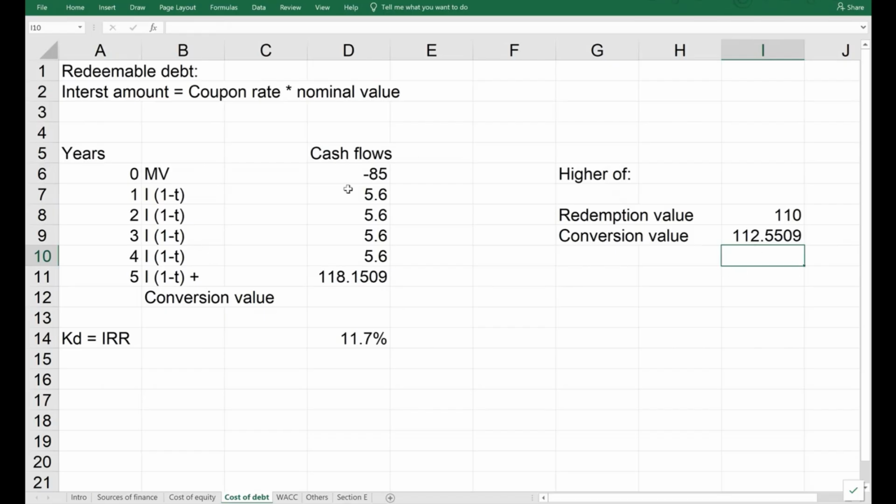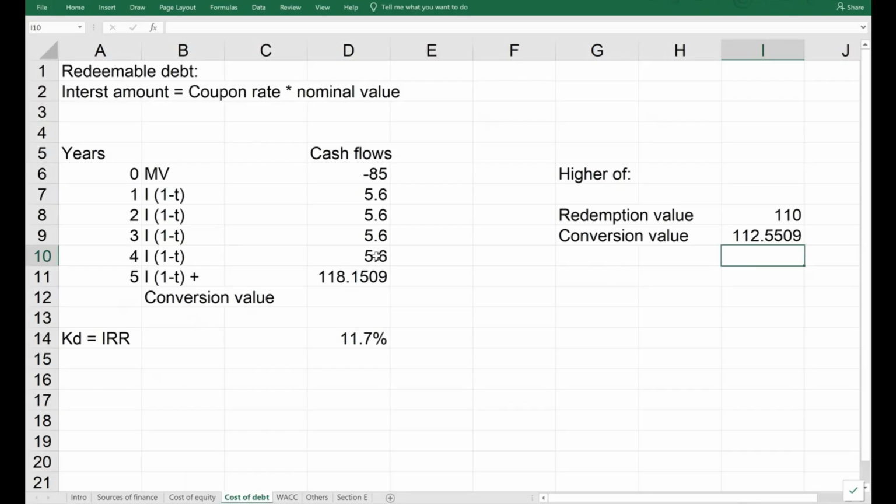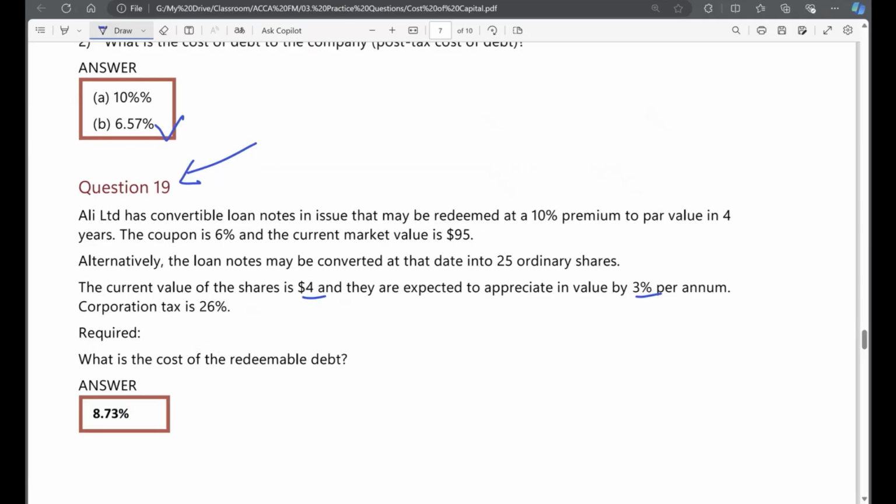Okay, so market value today is 95 and coupon is 6. What is the tax rate? 26%. So 1 minus 0.26. Yeah, 7.8%.